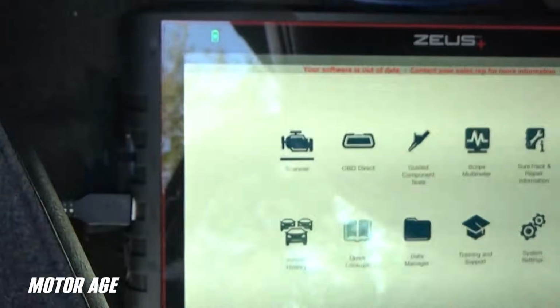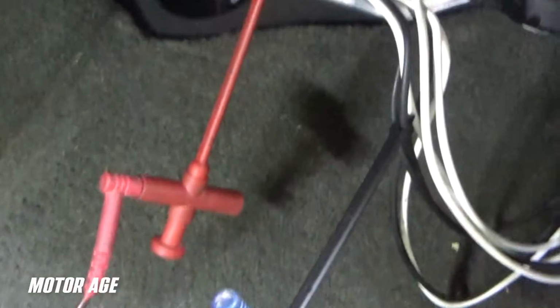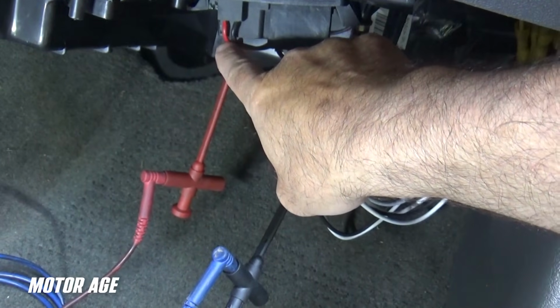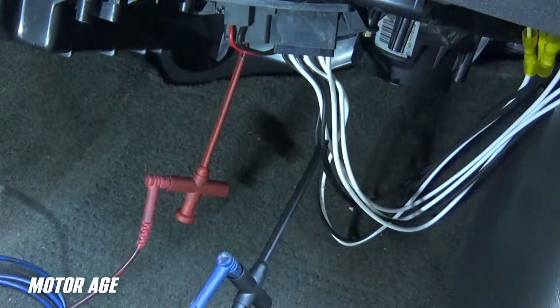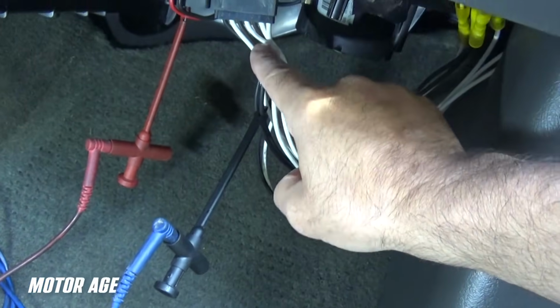So again, I've got my Snap-on Zeus Plus set up, ready to rock and roll. Here's the circuit we are looking at. I've got my red Pierce probe here attached to the red wire connecting straight to the blower motor at the voltage feed side. This black Pierce probe is connected to the system ground. So let's reference the diagram once again.